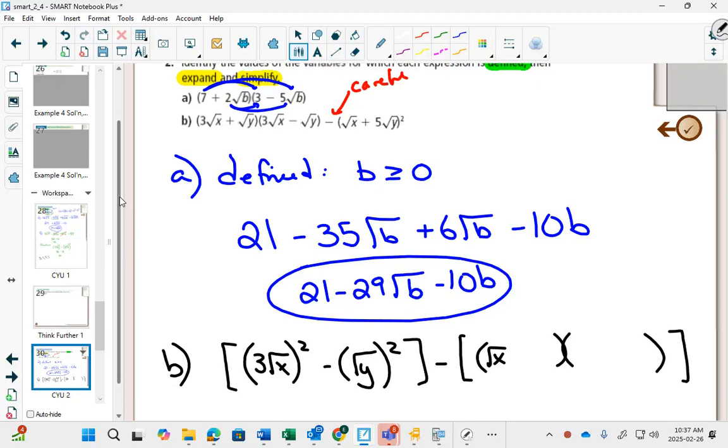I take my time and I rewrite it: square root of x plus 5 root y, times square root of x plus 5 root y. I rewrite it because when something is squared, I have to multiply everything. A common mistake students make when they square something is they just decide, oh, I'll just square the first one and square the second one. And then you would get that wrong.